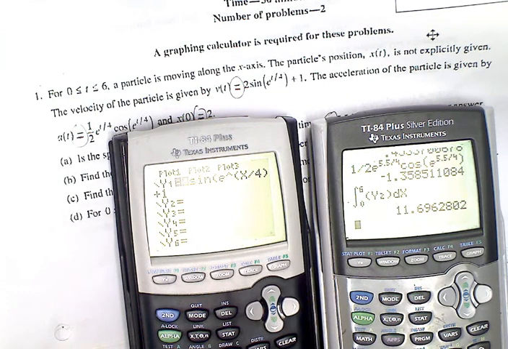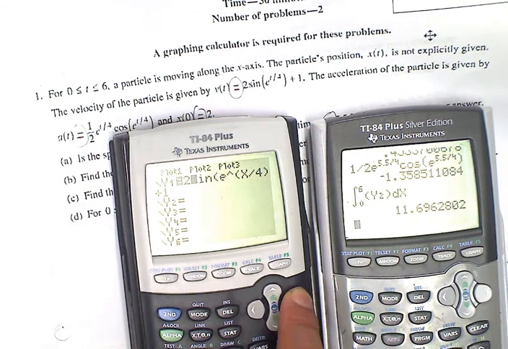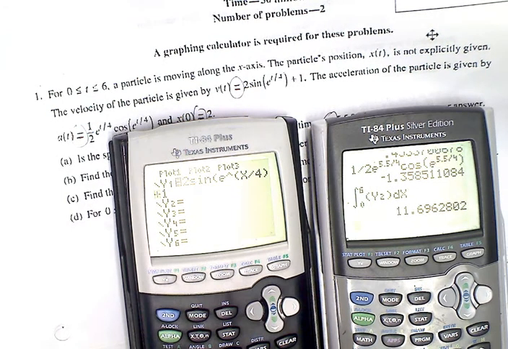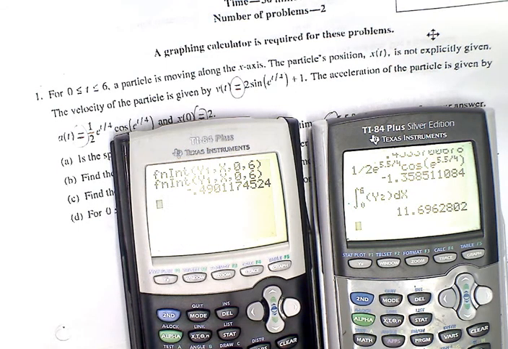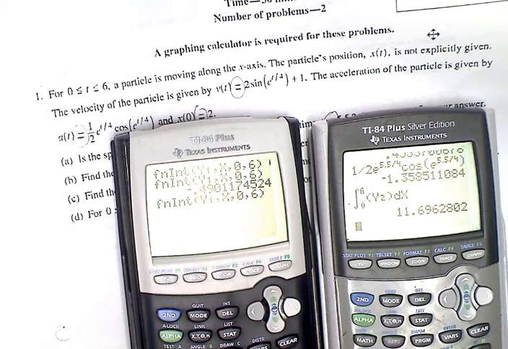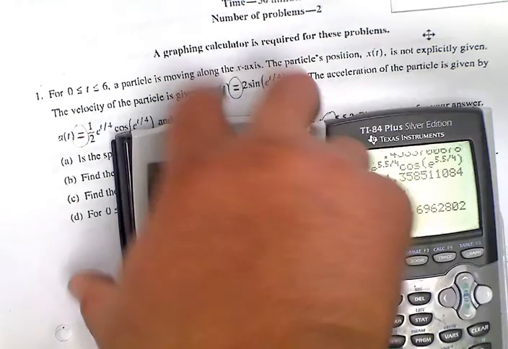Did you get the +1? No, it's at the bottom. +1 right there. 2 sine e to the x over 4. Oh! You didn't end your parentheses. That's alright. That's why it was thinking so much. Yeah, boom. There we go.